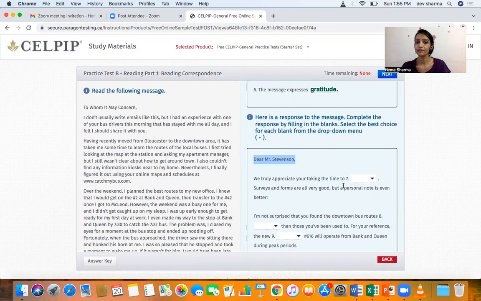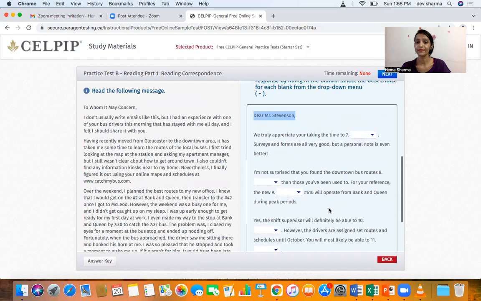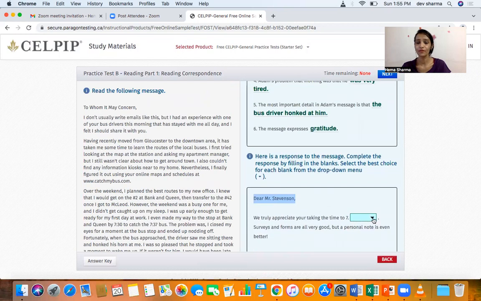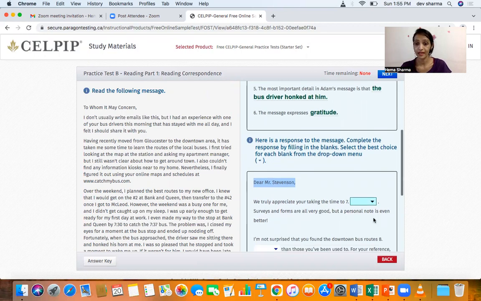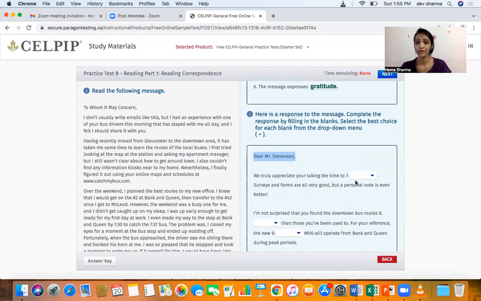This is like a letter in which you have to choose what should come here out of all the options. The tip I'm giving you for this part is don't just immediately click without reading the complete sentence. You will need to read what follows, because sometimes reading the next sentence gives you a better idea.